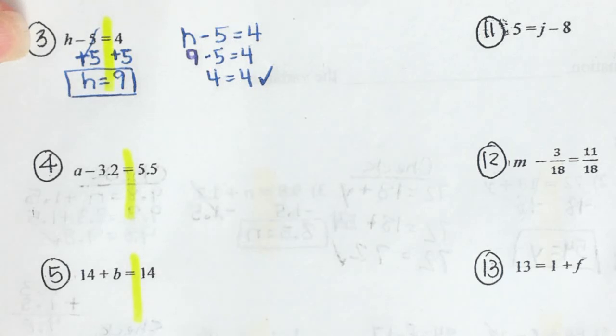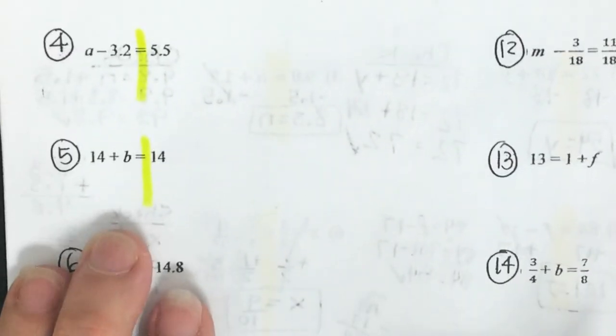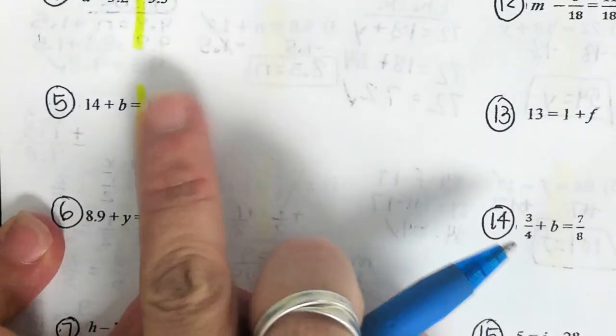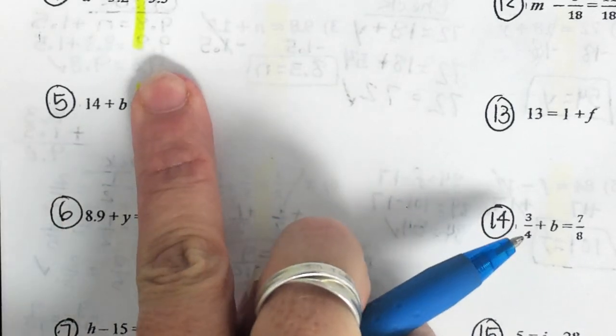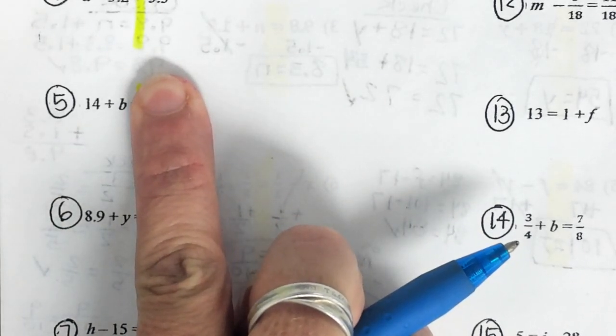Love it. What's the answer? Yes. Listen, don't let poor zero confuse you. Look at number 5. Where's your variable? B. So look at that side of the equal sign. What is with the B you want to get rid of? 14. Slow down.